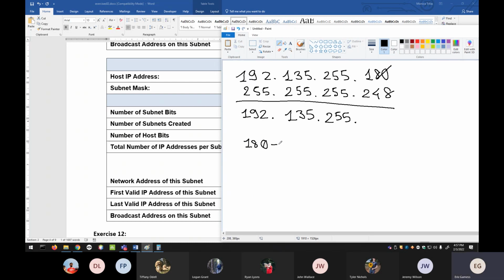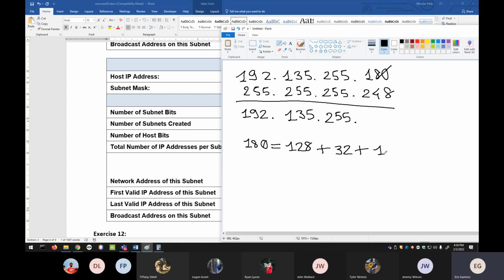So what is 180? It is 128 plus 52, isn't it? And 52 is 32 plus 20, isn't it?